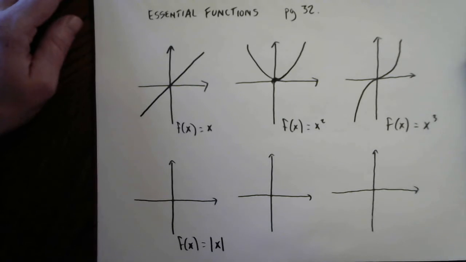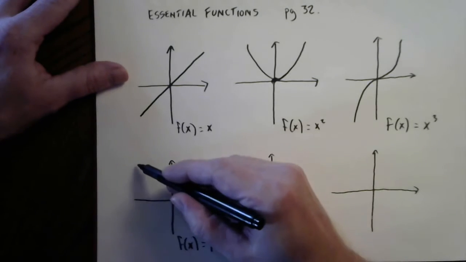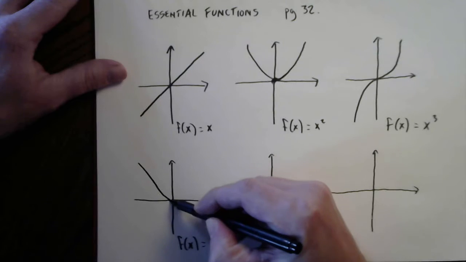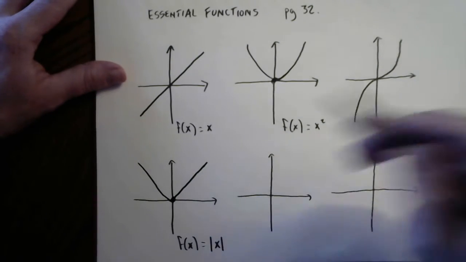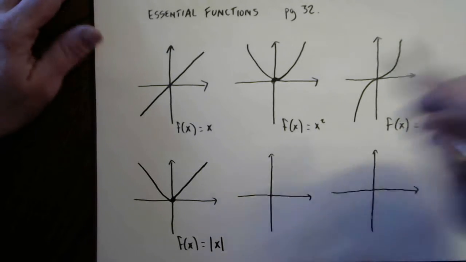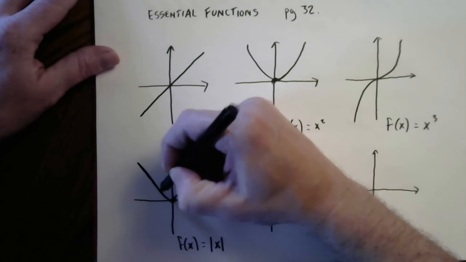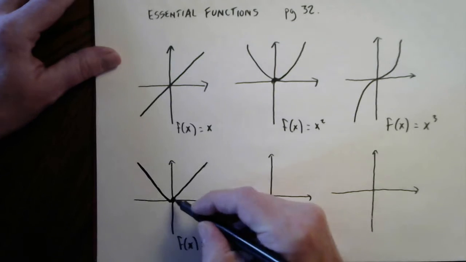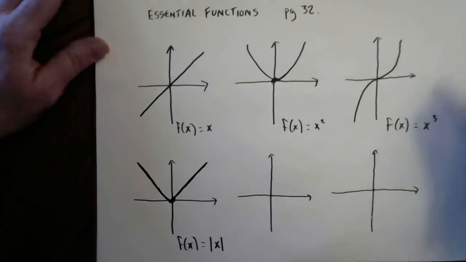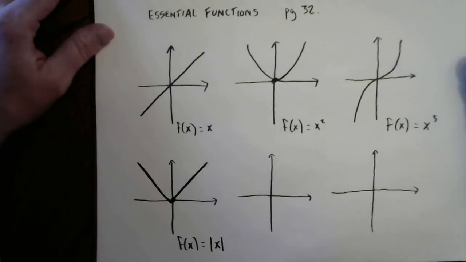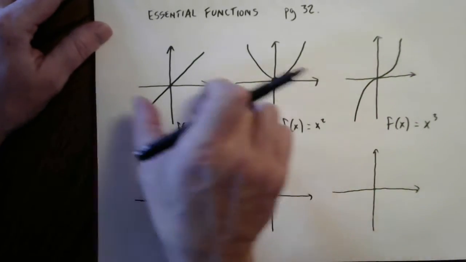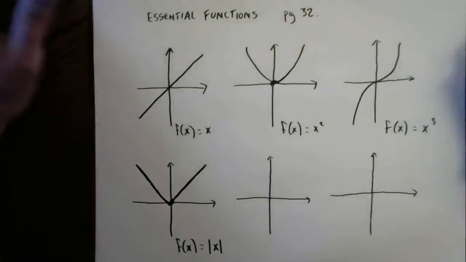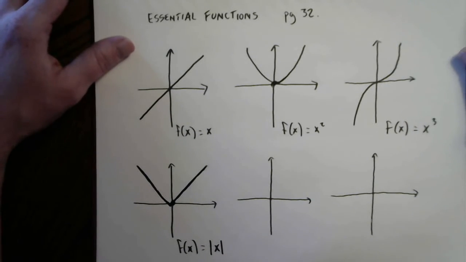Again, we could use y equals, it's still a function. It's supposed to hit the origin, sort of like a parabola, but this is a sharp corner. This is a V. One thing to notice about the first 4: the domains, the available x's, are all real numbers. We can put any real number into any of these 4 functions.